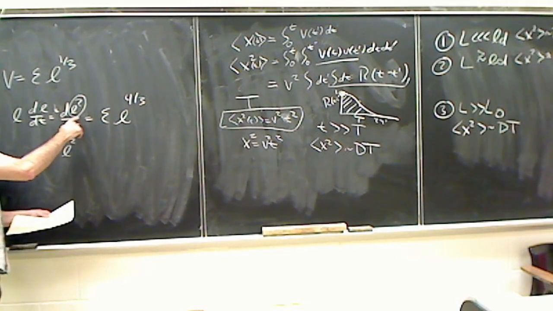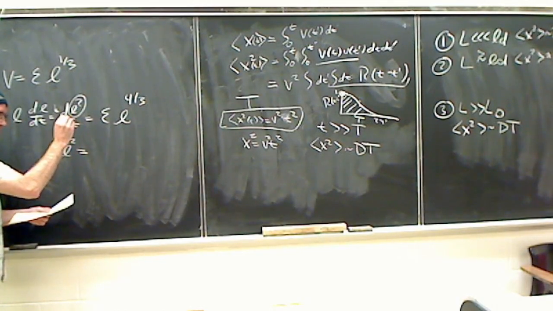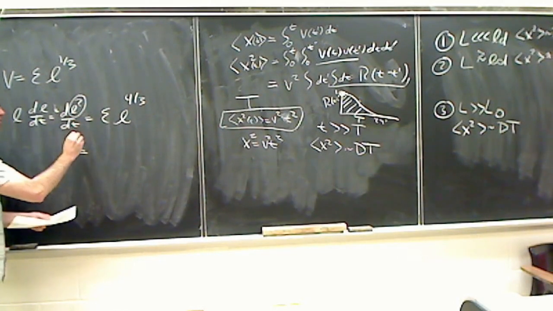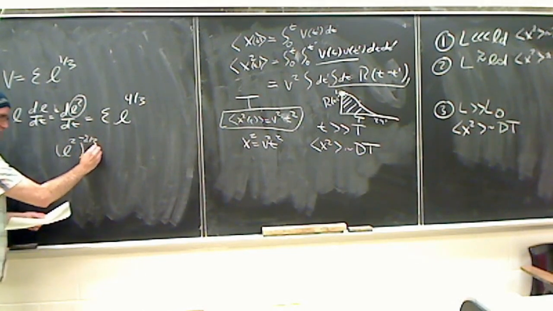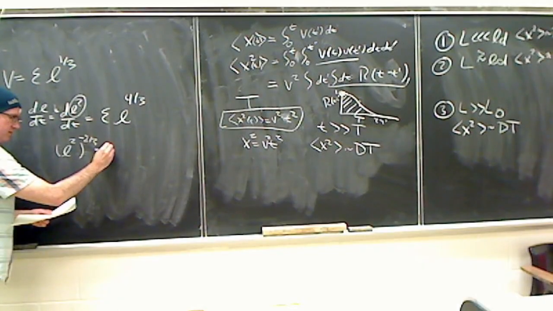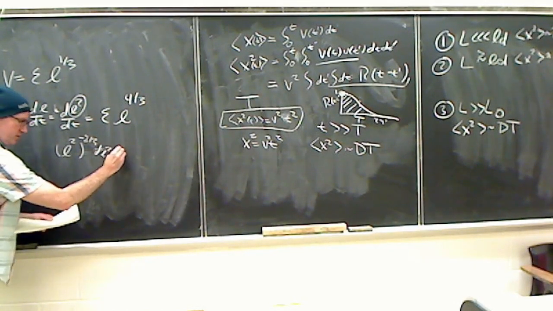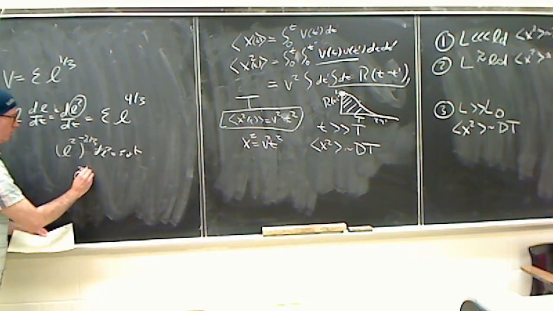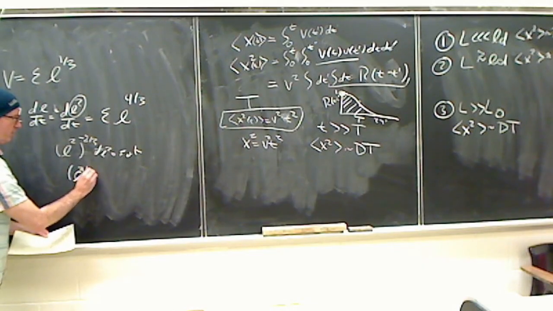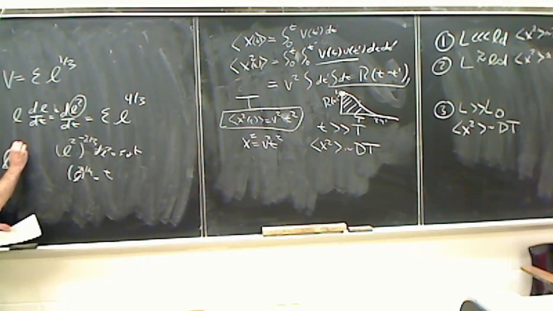So you integrate this L squared variable, and you find that L squared to the minus 2/3 dL squared equals epsilon dt. So L squared to the 1/3 equals t, or L squared equals t cubed.